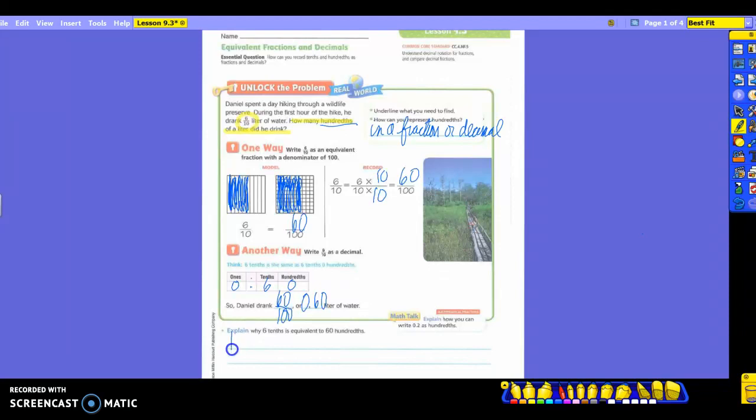So you know that there are 10 hundredths in 1 tenth. So that means there are 60 hundredths in 6 tenths.